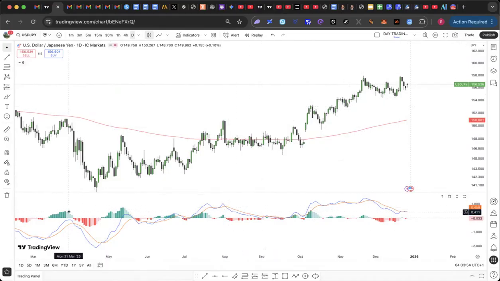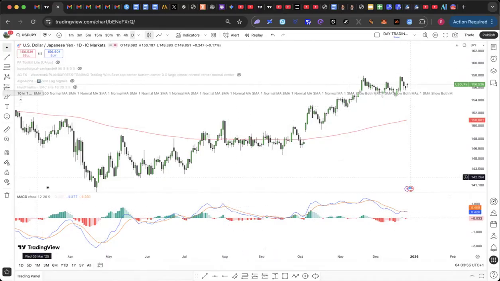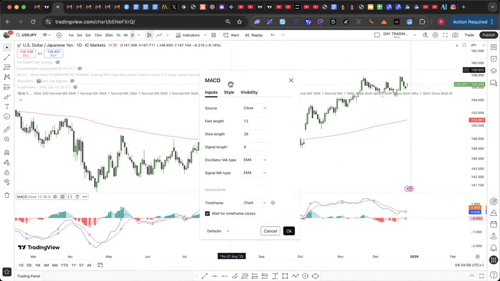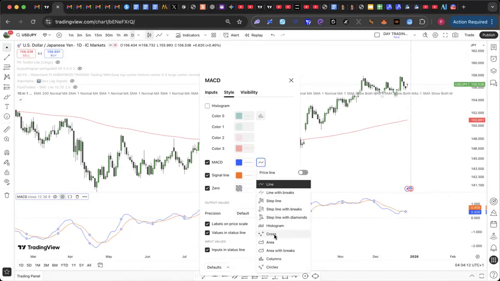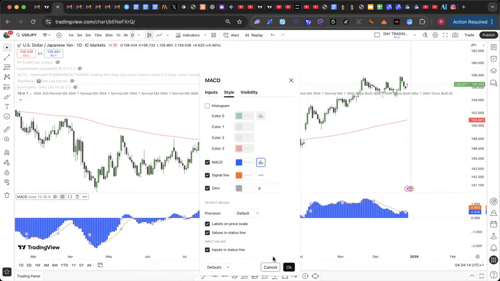Then to change the MACD, you can change it to a different look altogether. If it's the one you want, you can come this way, go to Style, remove histogram, and come down to MACD, go to the front of it, select columns.